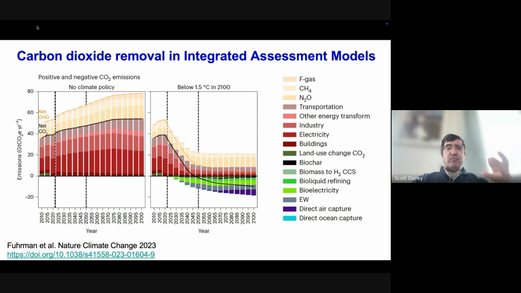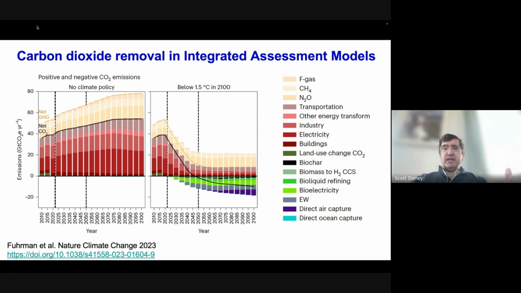The, I guess, orangish colors or pale wheat colors are the net other greenhouse gases. And then it's broken down by different sectors, for example, transportation, industry, energy, electricity, buildings. And then what you see on the right-hand panel, the things below the zero axis, the negative numbers, these are the approaches that are actually carbon dioxide removal.